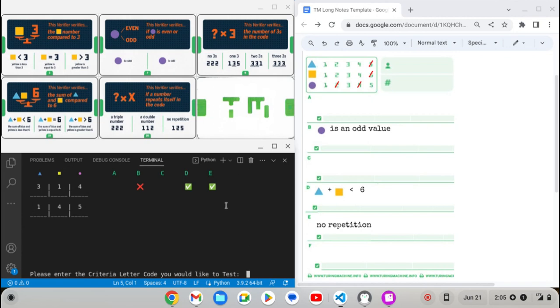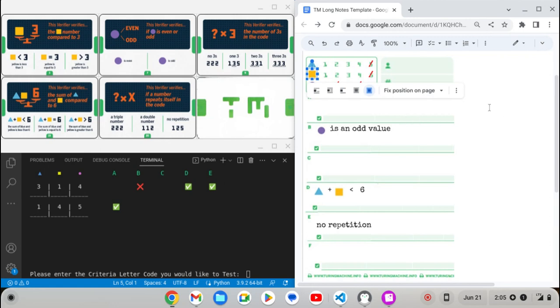Let me just go ahead and test criteria card A. Yeah, I think A would be best because that would default triangle to be a 1. Yeah, let's just do that. Okay, so I deduced pretty well that square has to be greater than 3.